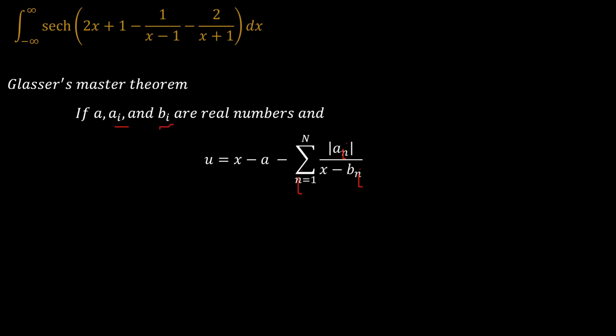So if you have a summation of absolute values of a_i over x minus b_i, such that that summation starts from i equals 1 to capital N, then the Cauchy principal value of the integral of a function of u equals the Cauchy principal value of the integral of f(x), and it's dx here, it is not du.